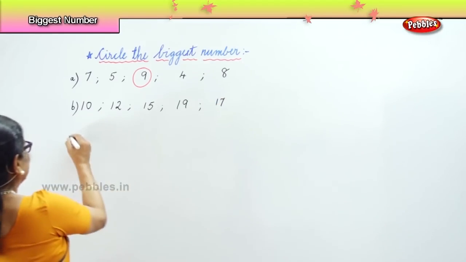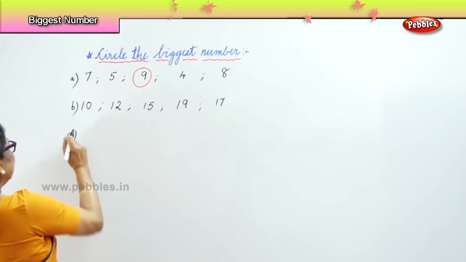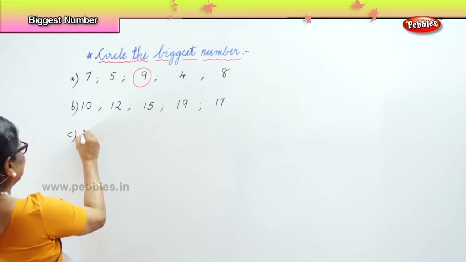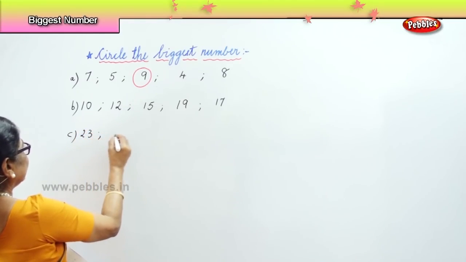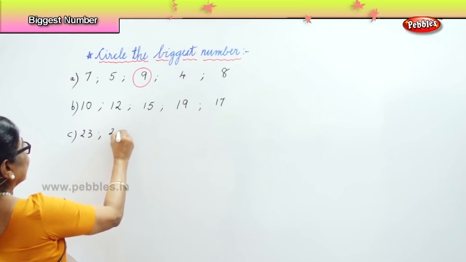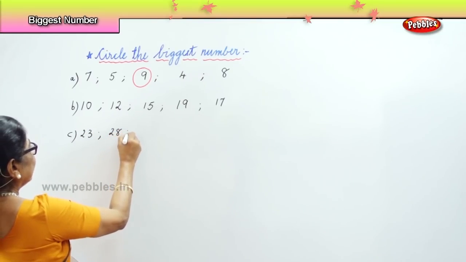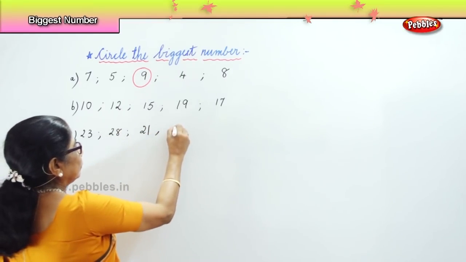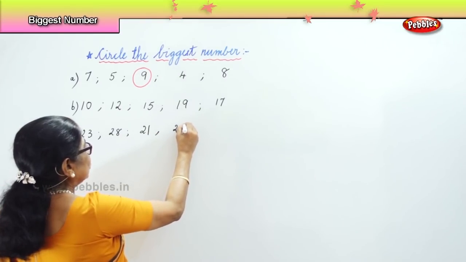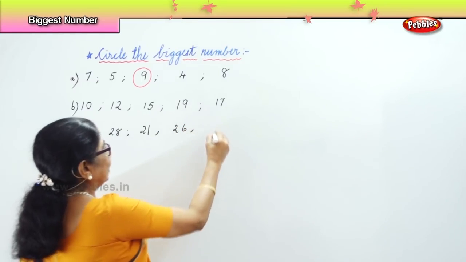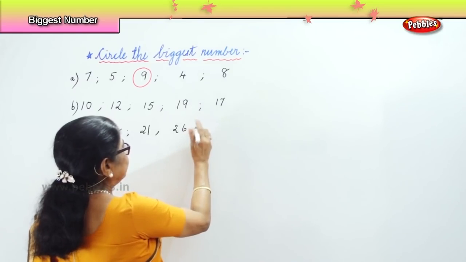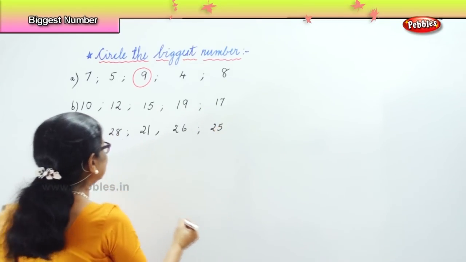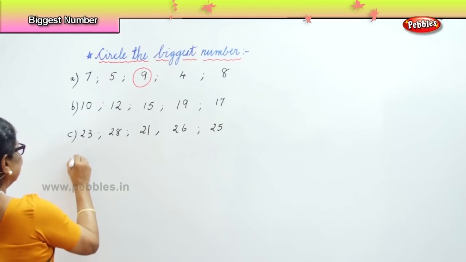Okay. Another exercise for you: 23, 28, 21, 26, and 25. Look at the biggest among the numbers I've given you.